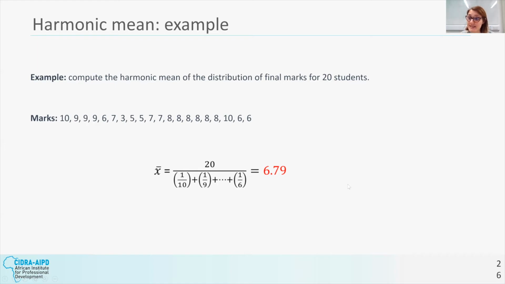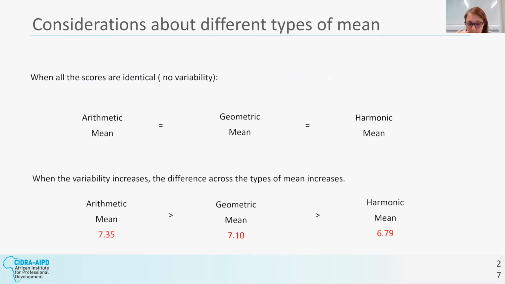Now, you may have noticed something, but let's sum up with this slide. If we had a sample in which all our data were identical, so without variability, in our example all the students have the same mark, the arithmetic mean, geometric mean, and harmonic mean would be identical. The same, of course, would be true for the weighted mean.